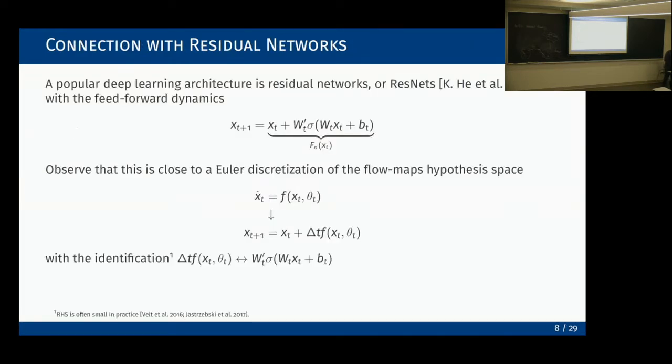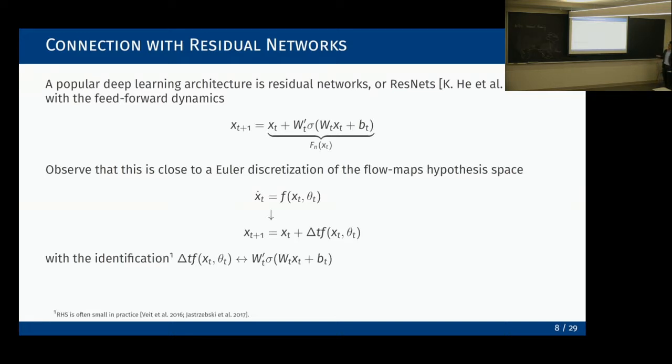So I'll continue. As a quick remark, there is some connection between this and a very successful application in deep learning called residual neural networks. The residual net is basically like a usual deep neural net, except that you add a residual connection to each layer, the identity mapping.